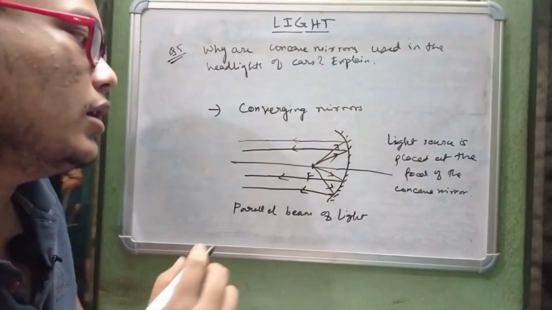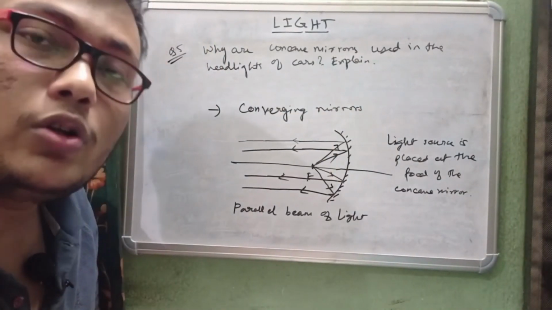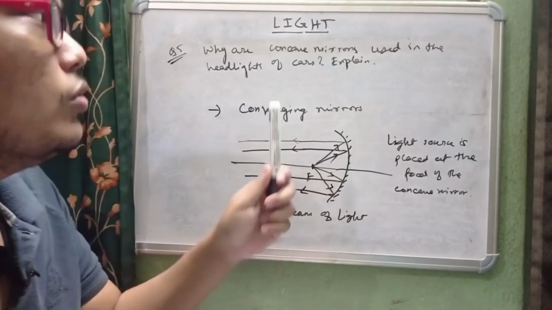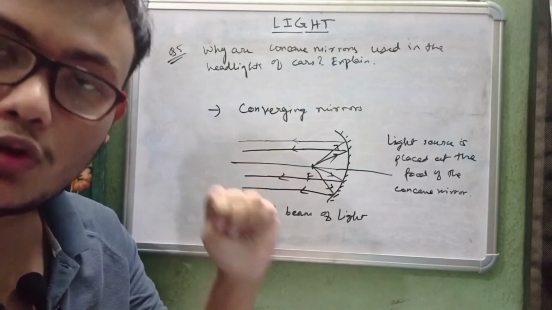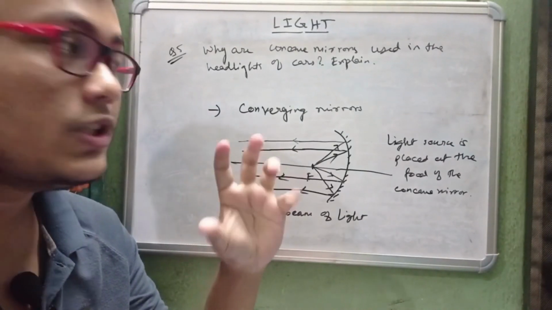And we know that a parallel beam of light can travel through long distances, hence it is used in the headlights of cars.